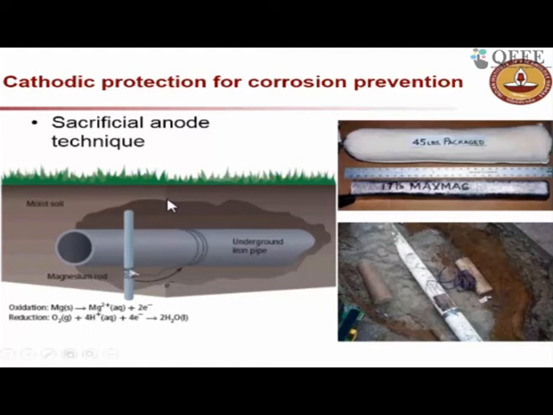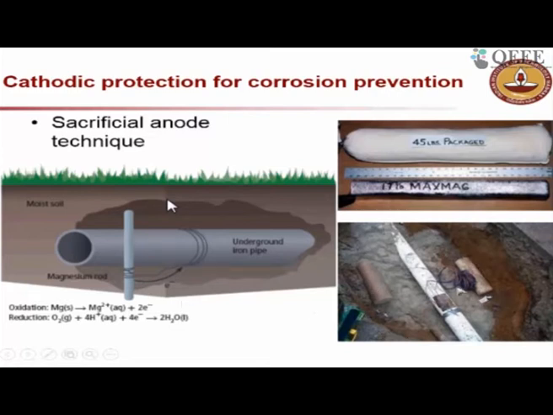So if magnesium is connected to the steel, magnesium will corrode faster than the steel. In the same way, what they have done here is connect a magnesium rod to the steel pipe or iron pipe, by which the iron pipe is protected, and the magnesium rod is the sacrificial anode. We also use bags of magnesium instead of a rod.